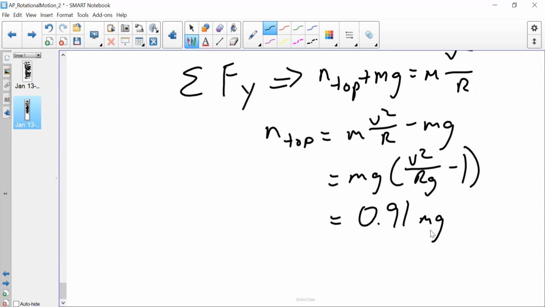And that plays right into Newton's law of universal gravitation that states that for any two masses that have a distance r in between them, there's a force of gravity that they both exert on each other, equal and opposite. So that's the idea of that. And we can see here that at the top of the loop, you feel actually lighter.